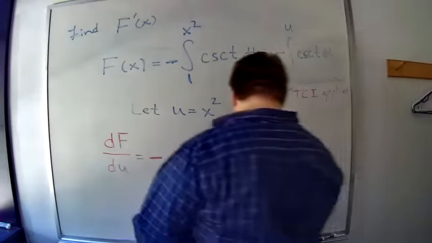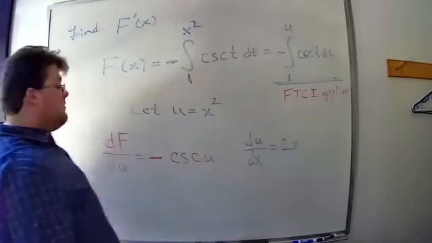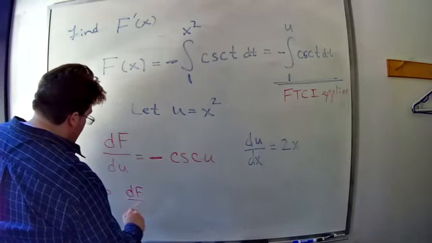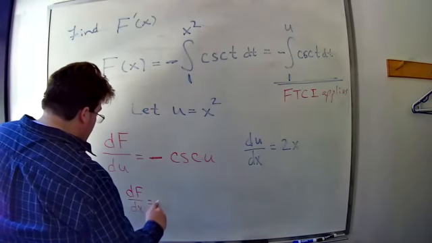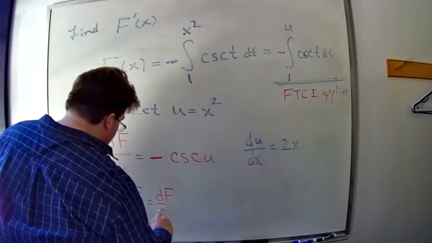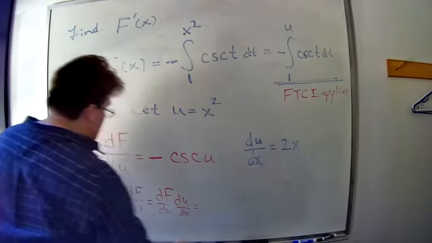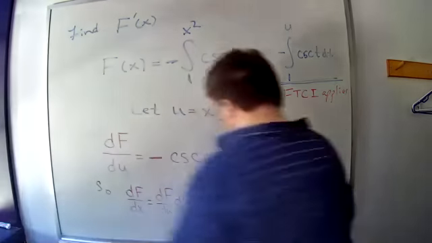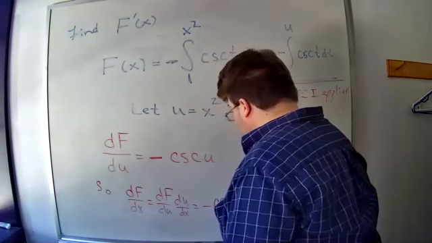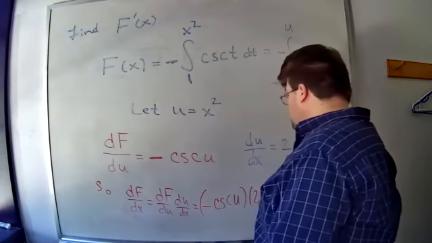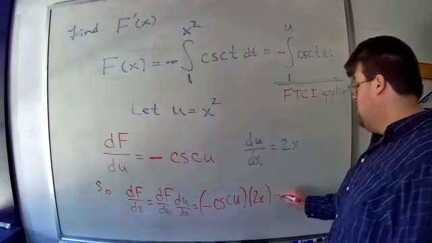So we want f prime of x. Another way of writing that, df dx. So df dx is df du times du dx: negative cosecant of u times 2x.